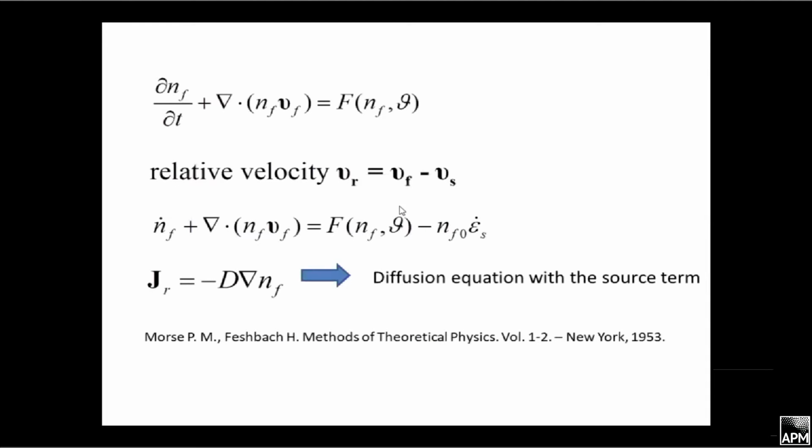It's now convenient to introduce the relative velocity, and if we assume Fick's law, that the flux of the defects is proportional to the gradient of the concentration, then we have a diffusion equation with a source term on the right-hand side.